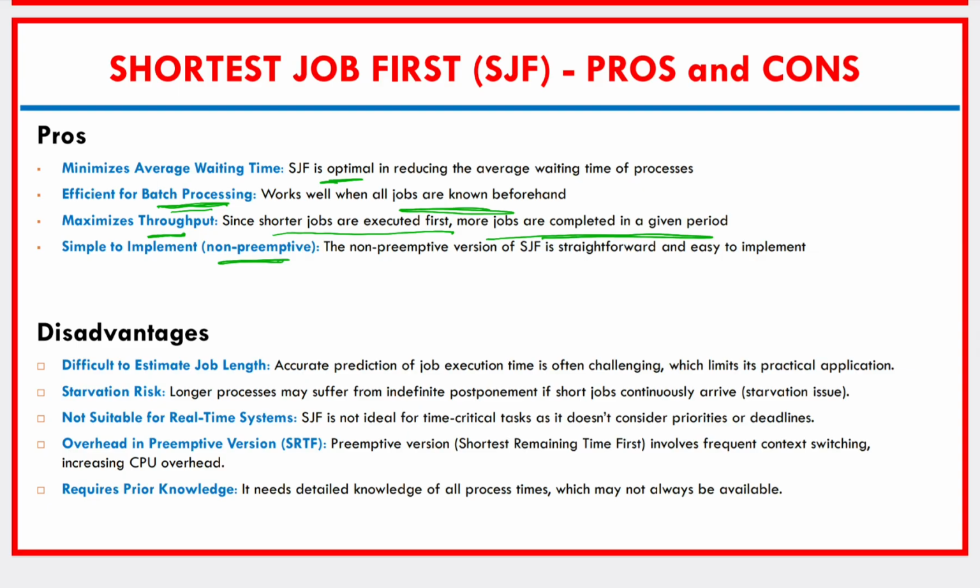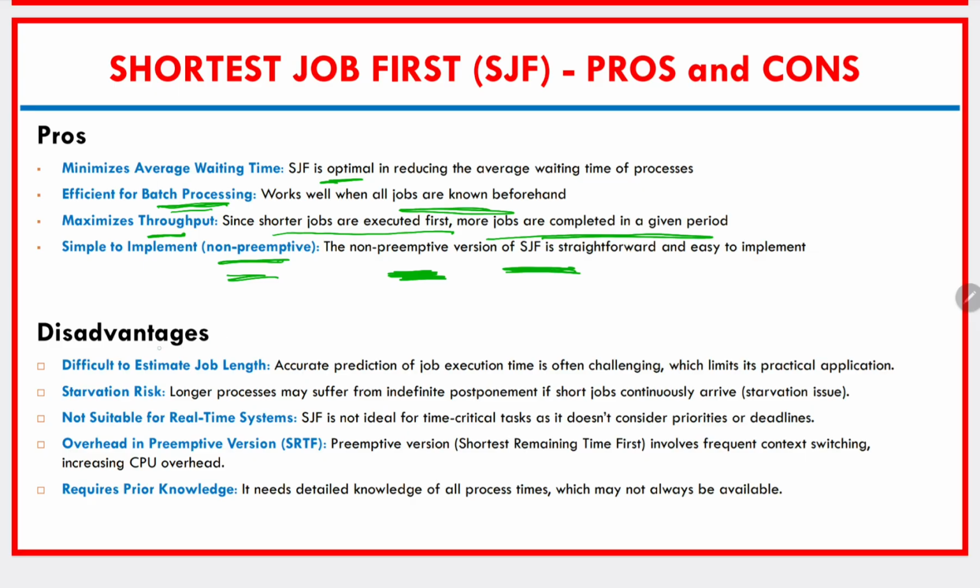So I'm saying the non-preemptive version is quite simple as compared to the preemptive version, where we need to take into consideration the pending time of the currently executing process, and also we need to look into the ready queue, whether a new process has arrived which is having lower CPU burst time as compared to the currently executing process. So there are some more calculations involved. So actually the non-preemptive version is quite simple.